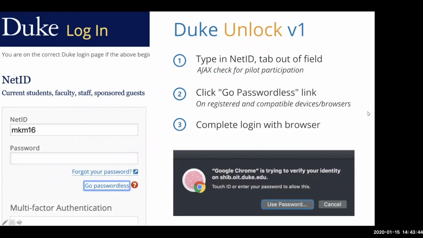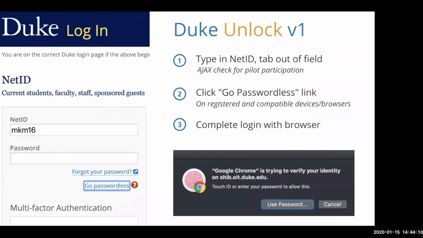You had to type your NetID and tab out as though you were going to your password, and at that time, we would do a little AJAX type check to see whether you were registered, and if so, you would get this secret link that said go passwordless. And you needed to click that every time in order to prompt a WebAuthn transaction.